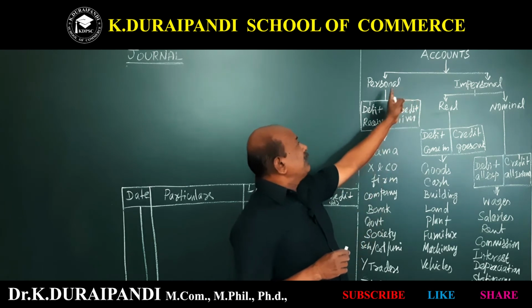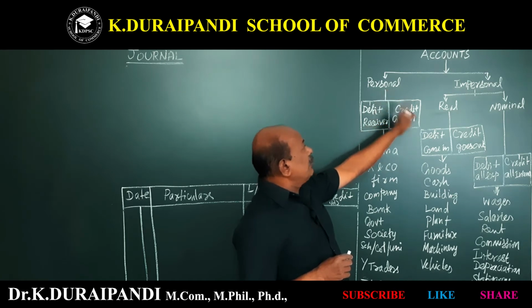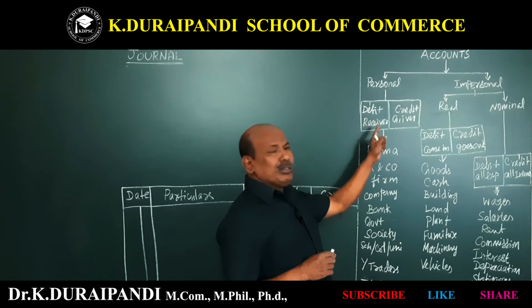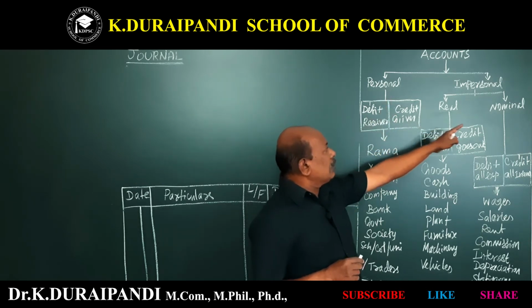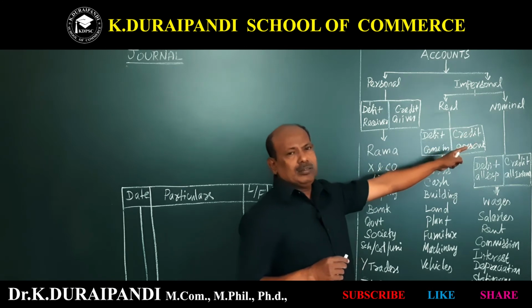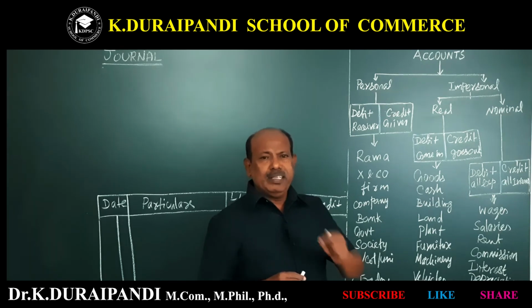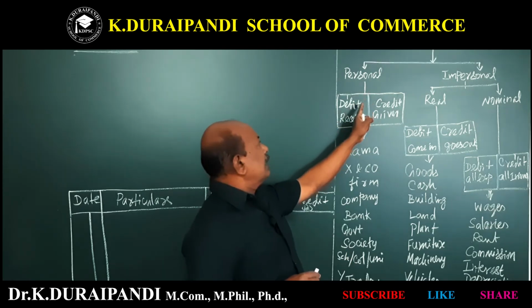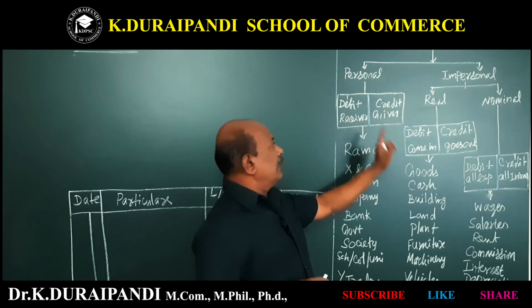There are three types of accounts in general: personal account, real account, and nominal account. You should remember the rules of personal, real, and nominal accounts. It was clearly discussed in my previous class, that is, classification of accounts and the rules of accounts. For a personal account, debit the receiver, credit the giver.